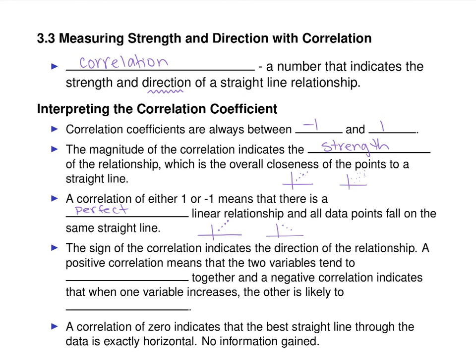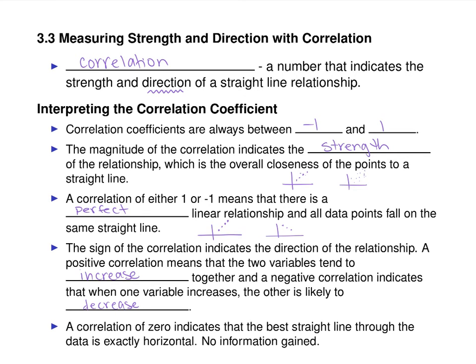And then the sign of the correlation indicates the direction of the relationship. A positive correlation means that the two variables tend to increase together. And a negative correlation indicates that when one variable increases, the other is likely to decrease.